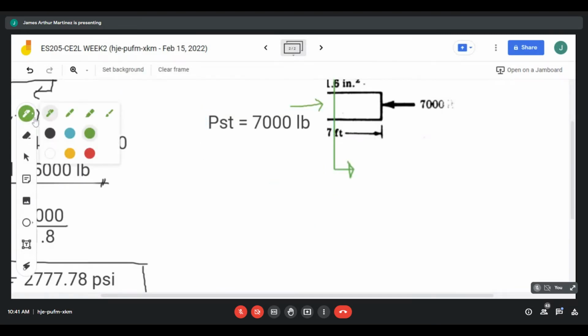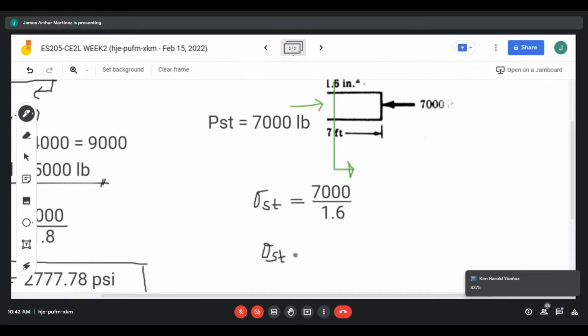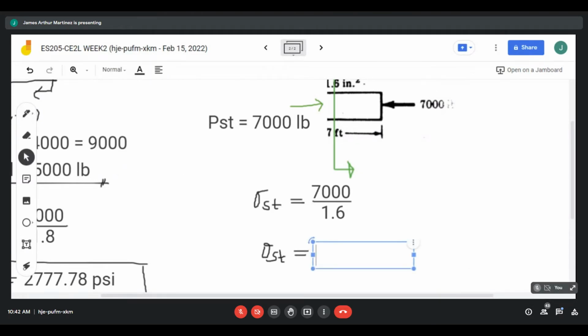Then to determine the stress at steel, it is just the internal force, 7,000, divided by the cross-sectional area of steel, which is 1.6. Therefore, the normal stress at steel is equal to 4,375 PSI.